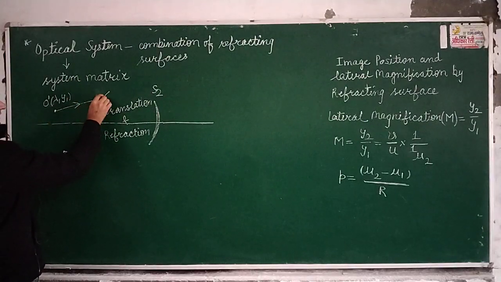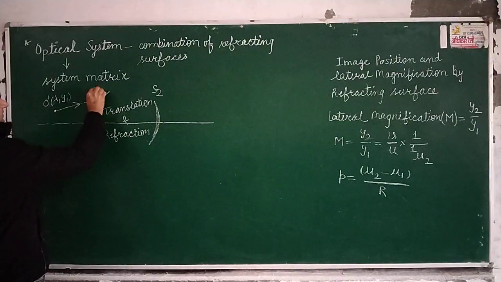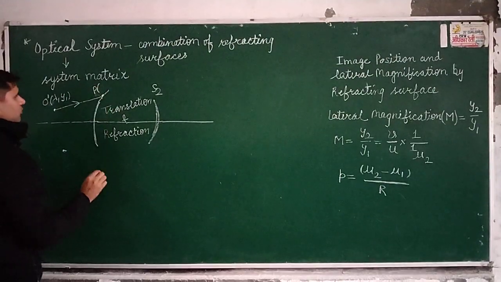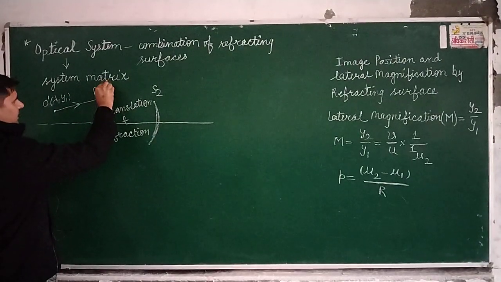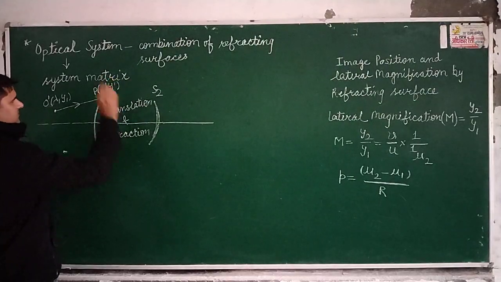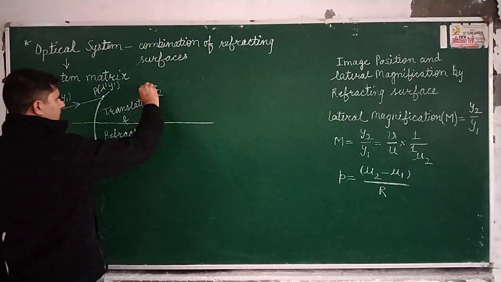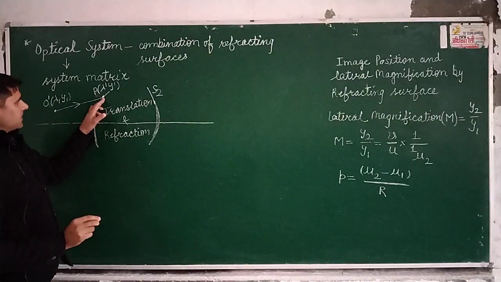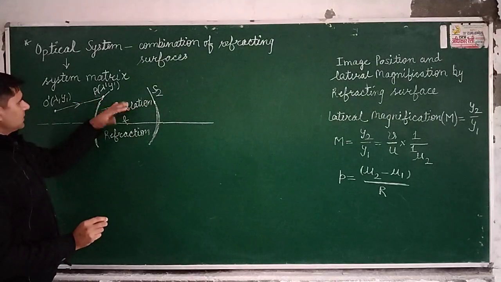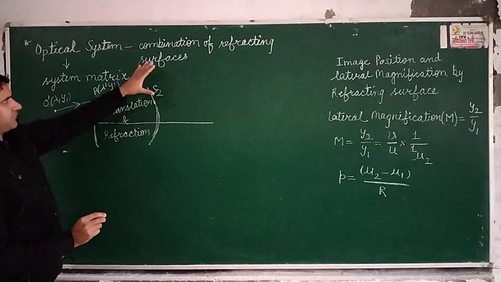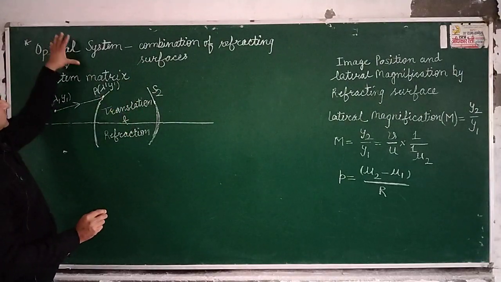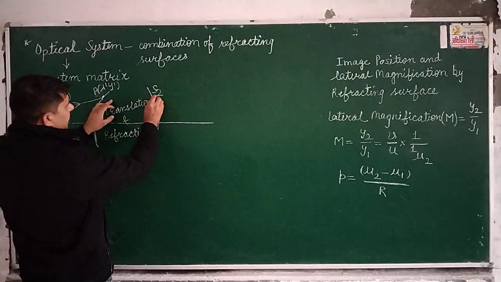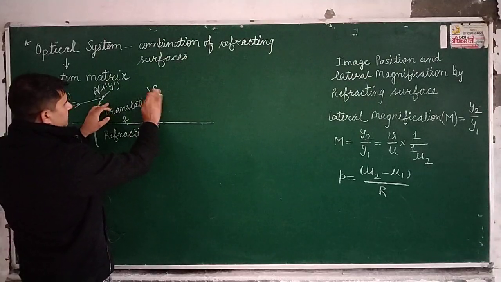Let this point be P, and the optical coordinates are lambda dash and y dash. Then after point P, the ray of light enters this combination of refracting surfaces, that is the optical system, and let it emerge out from this point.